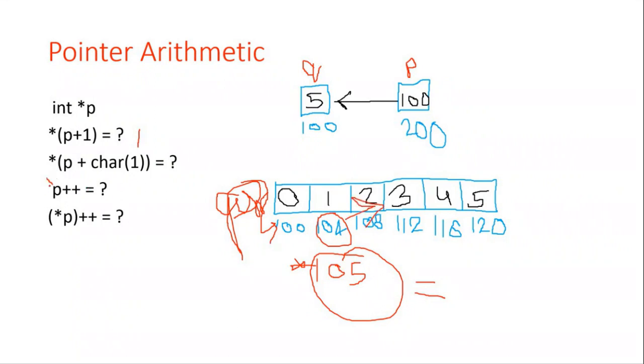If we put pointer, it will print 2, and now we are at 108, and pointer p means we have value of 2, and we increment 2 by 1, which will give 3.